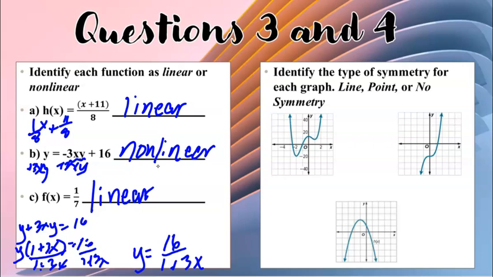Question 4. Identify the type of symmetry for each graph. Line, point, or no symmetry. Now this first one has a unique shape. It looks kind of awkward. There's nothing that is the same about it. So this would be no symmetry.